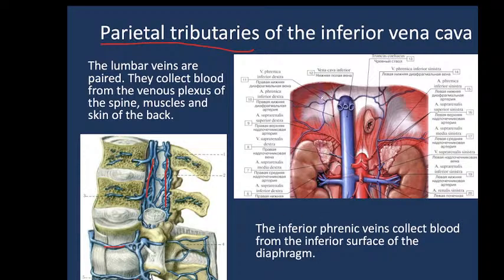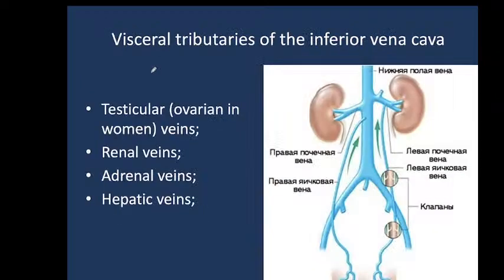There are also phrenic veins, which collect blood from the diaphragm, and all of these tributaries are parietal tributaries because they come from the abdominal walls.